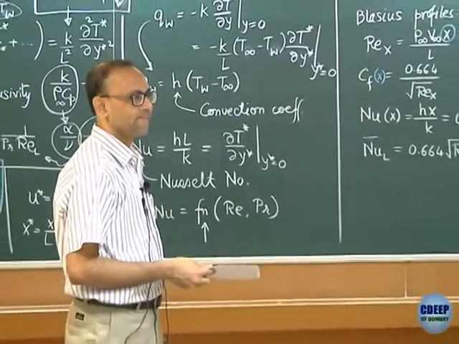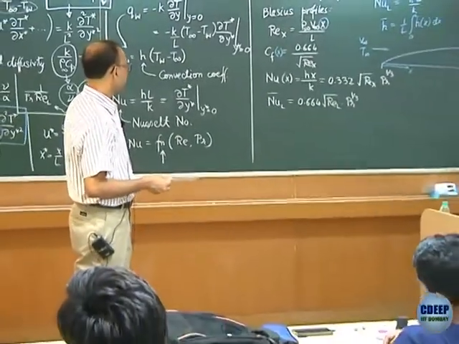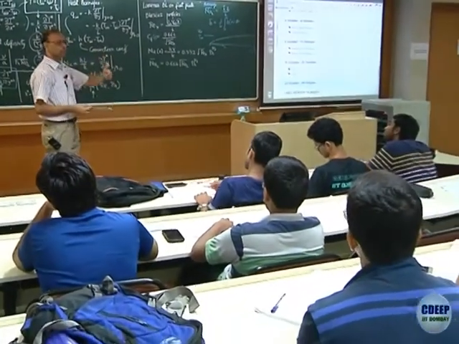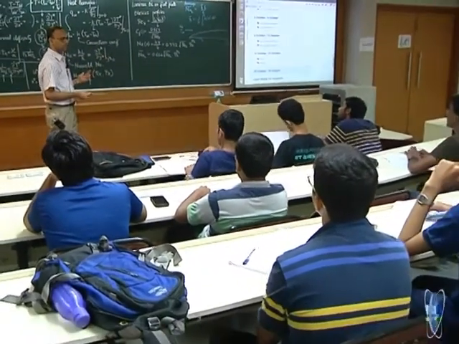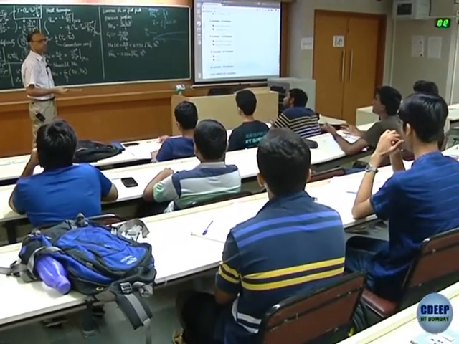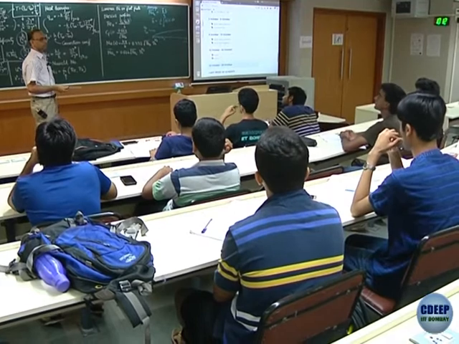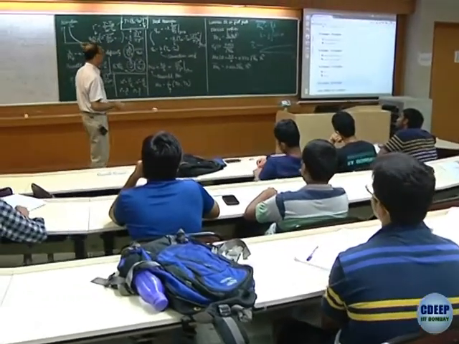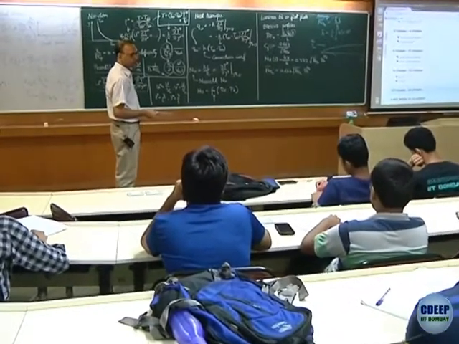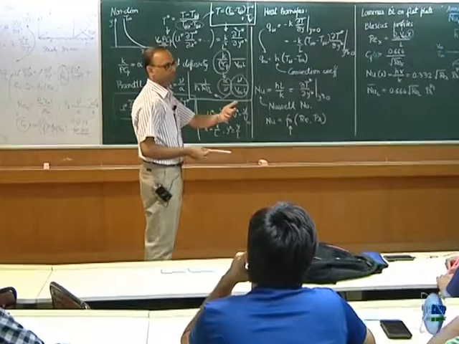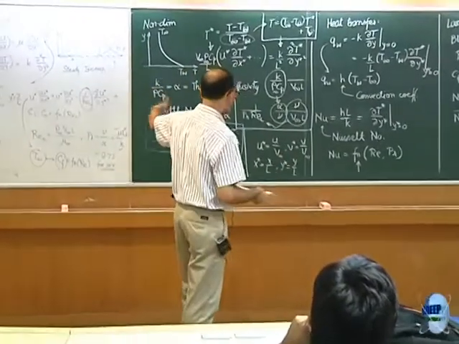I'm sure people must have done it: you take a velocity profile which is some form of approximation and work it out. We know that the boundary layer is not parabolic, but if you assume it approximately, you can probably work it out easily.